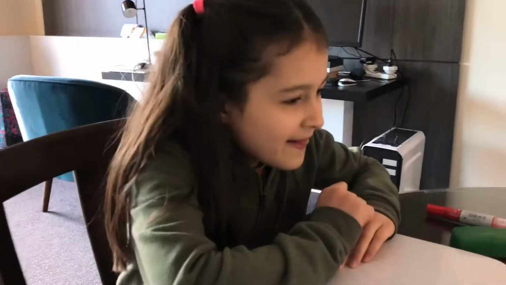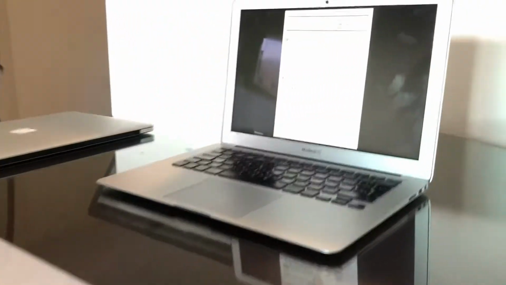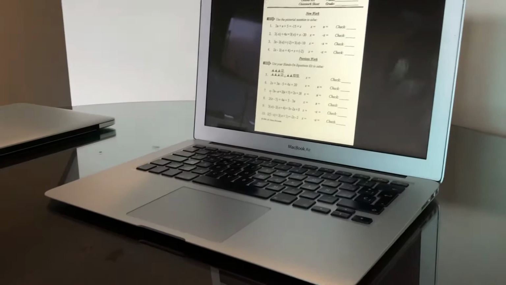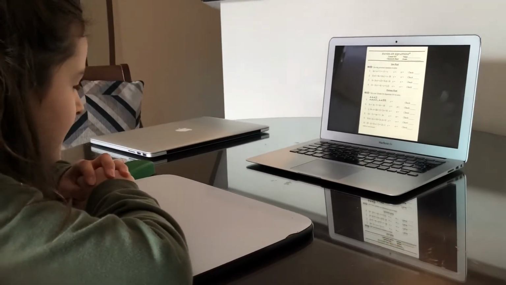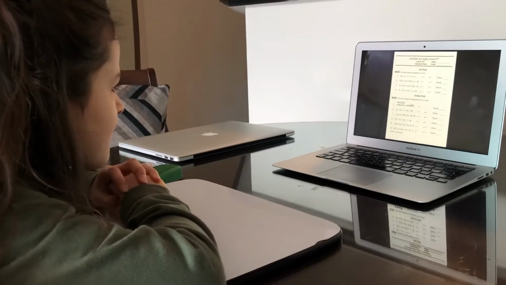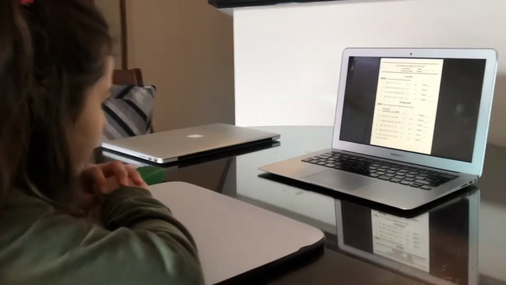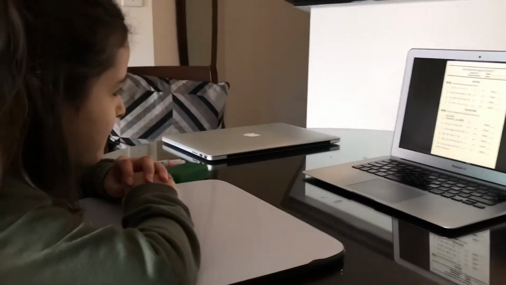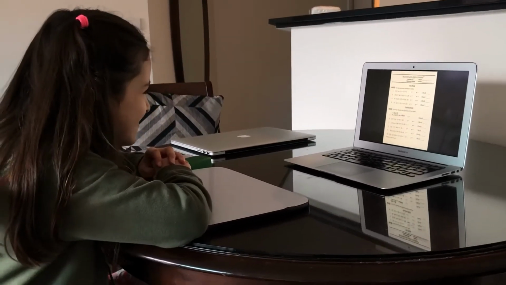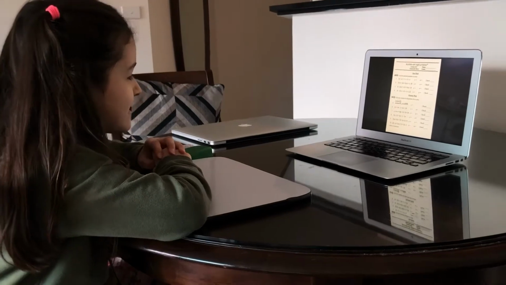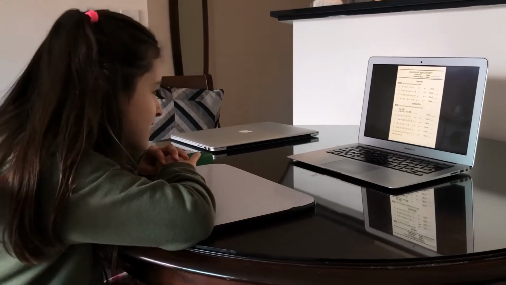So well, I have 3 negative x's minus 3 negative x's plus 2 x's plus negative 8 is equal to x plus 8.